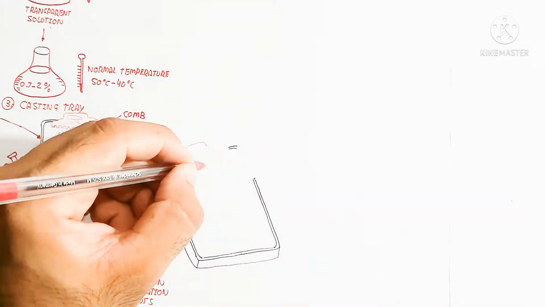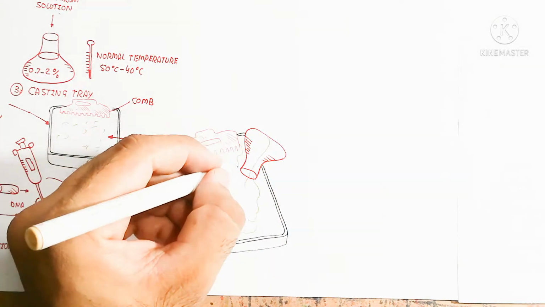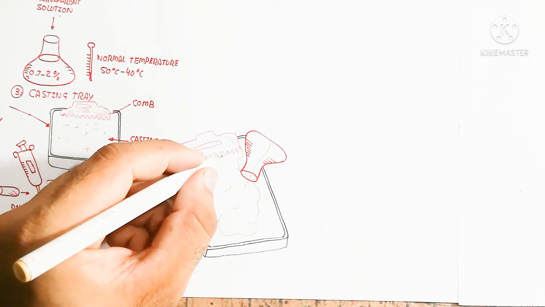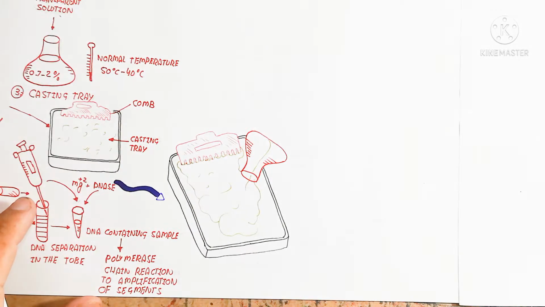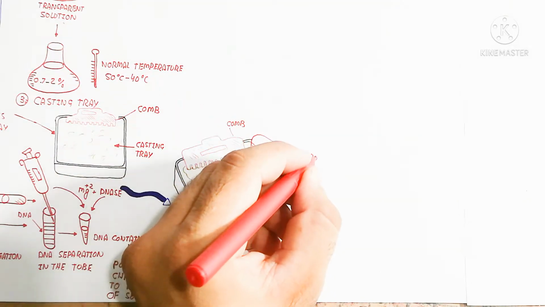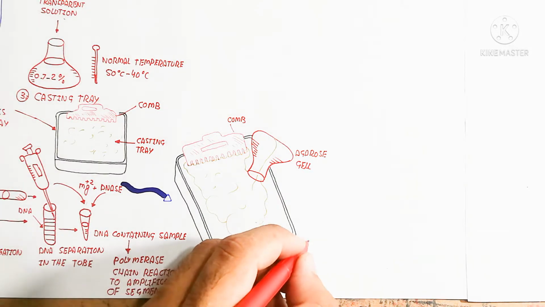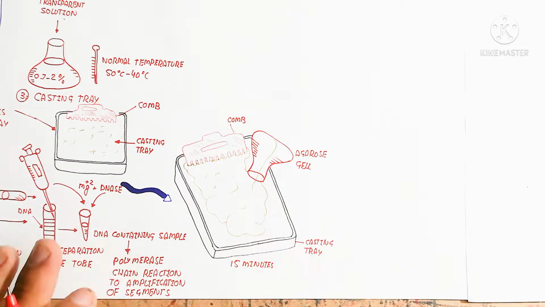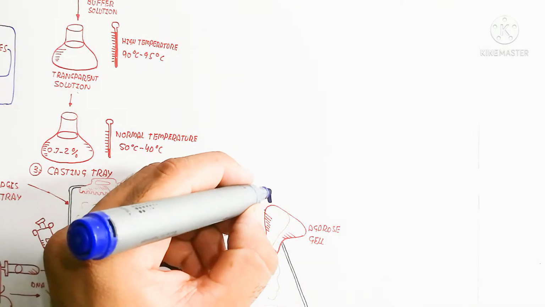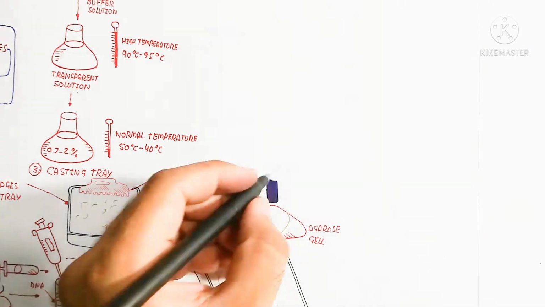After pouring the agarose gel, the comb projection creates the well. The well is basically a gap due to the comb insertion. The agarose gel in the casting tray becomes a slightly solid, gel-like structure, which is why it is known as a gel.